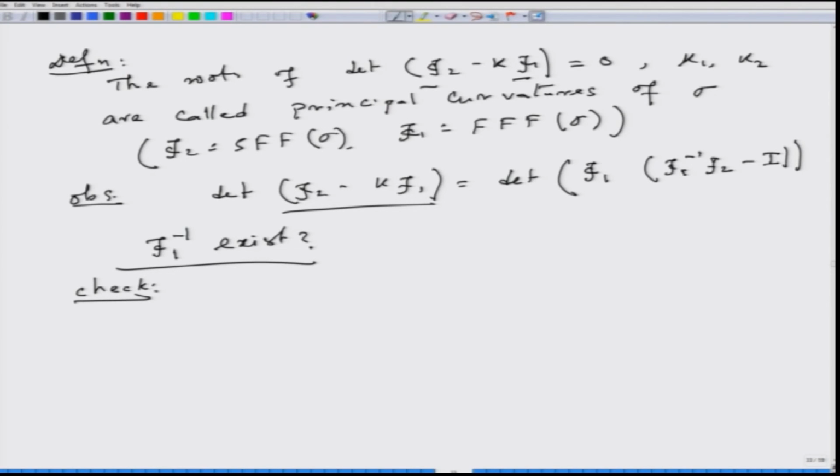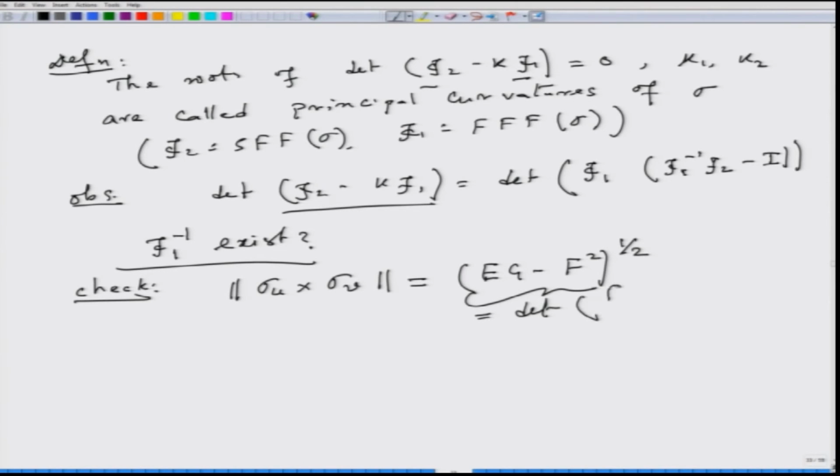If you calculate the norm of sigma_u cross sigma_v, this is square root of (EG minus F square). What is this? This is the determinant of the matrix [E F; F G], which is the determinant of the matrix F1. But we said that we will always deal with regular surfaces.